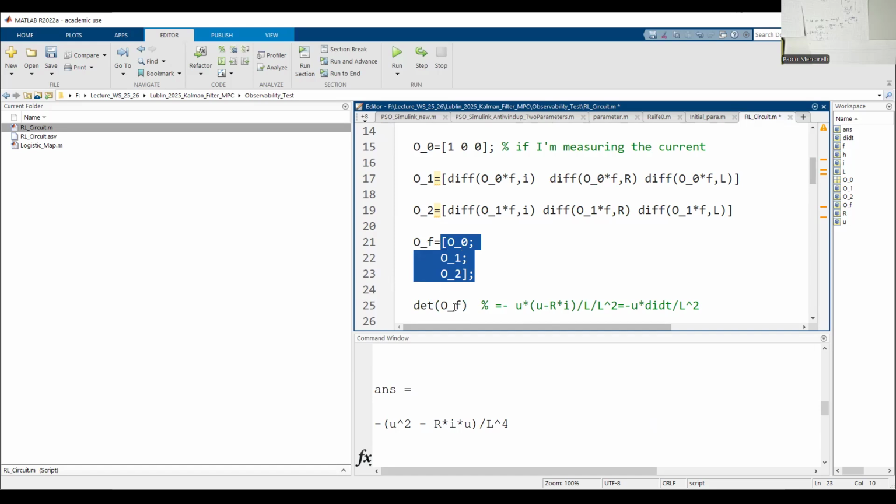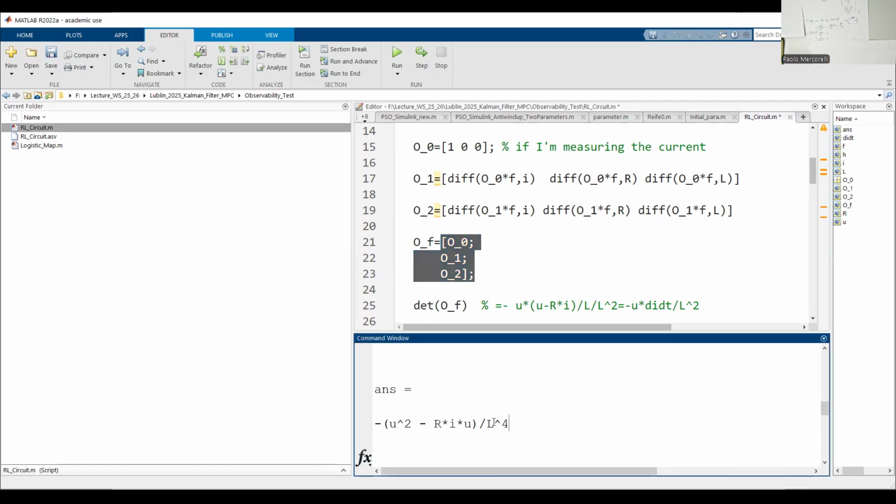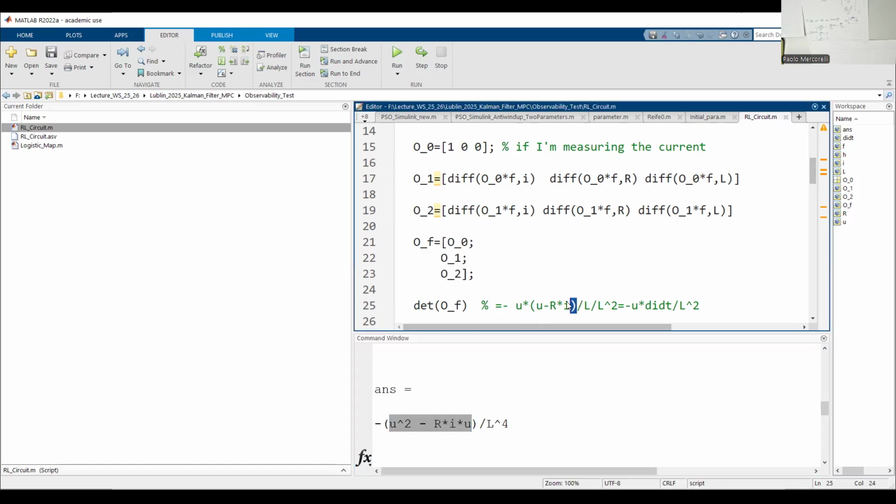Look, the determinant of F equals this one. Look, this one here, if you put in evidence here, you will have this.